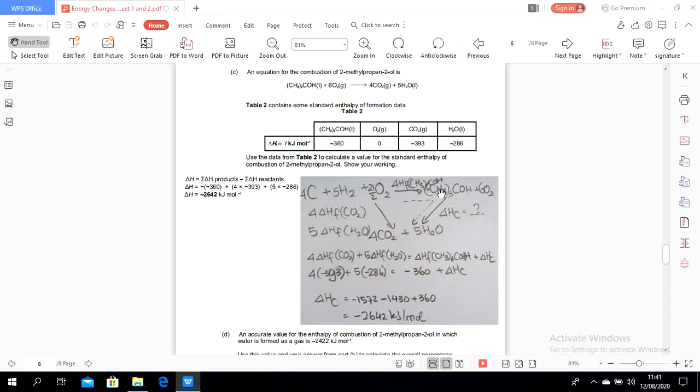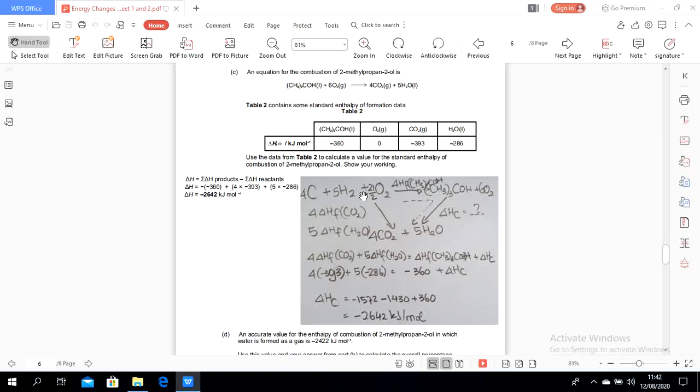Obviously there is only one 2-methyl propan-2-ol, 1 mole. So the ΔHf is also multiplied by 1. Over here there are 4 moles of carbon dioxide.